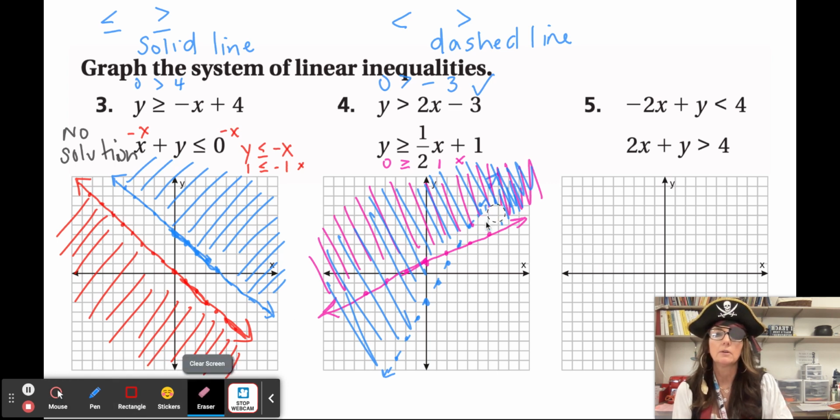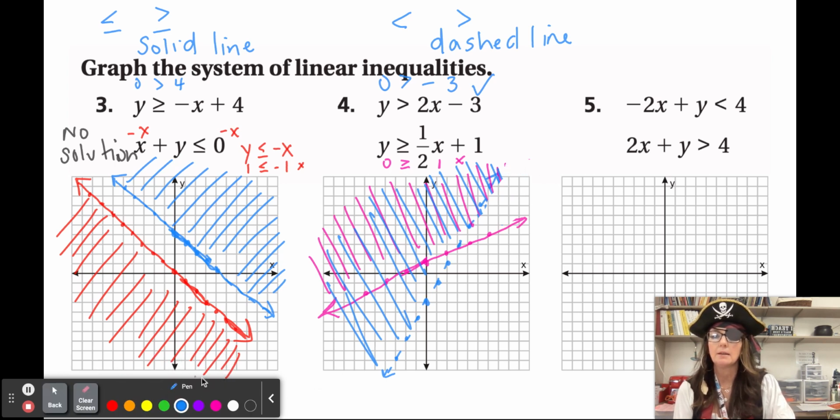Okay, I'll erase. Sorry about that. My bad. Okay, so I'll go back to the pen. Got a little crazy there, so I'm shading in the blue only, okay? All right, then remember my pink went above the pink line.